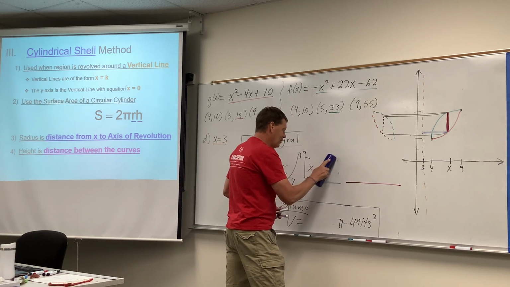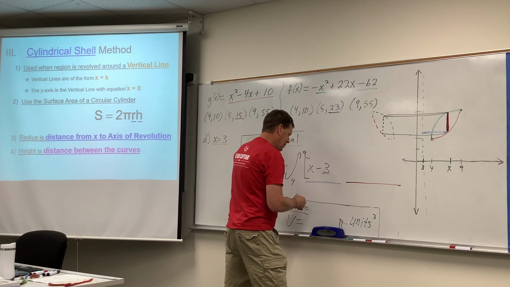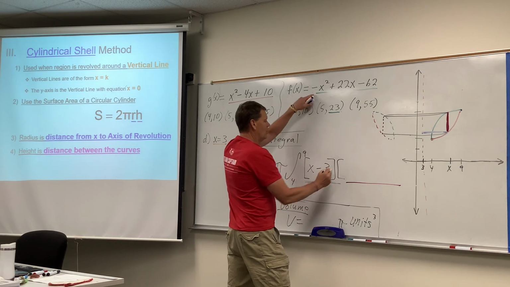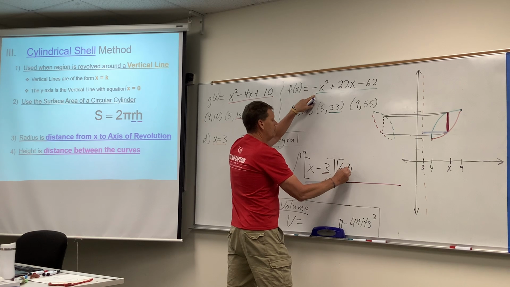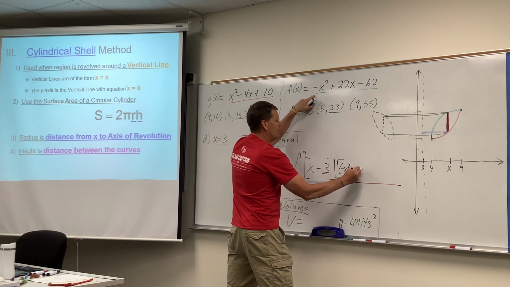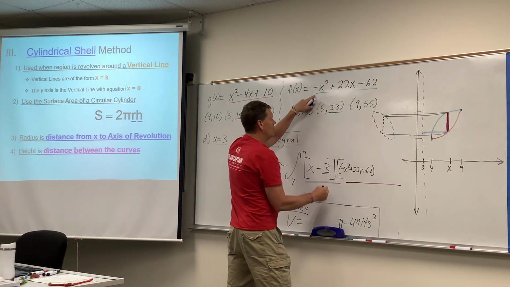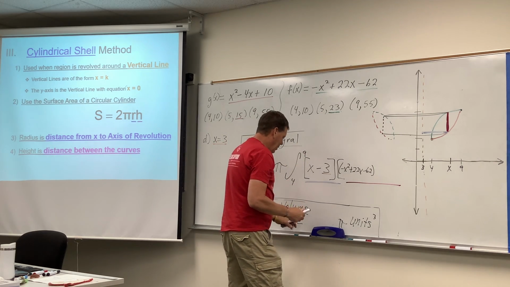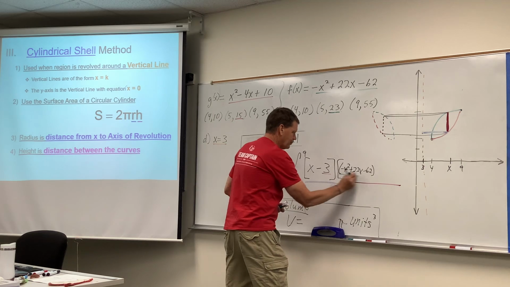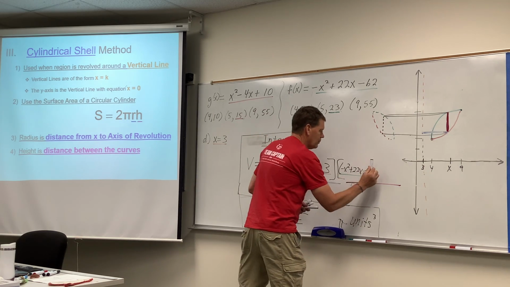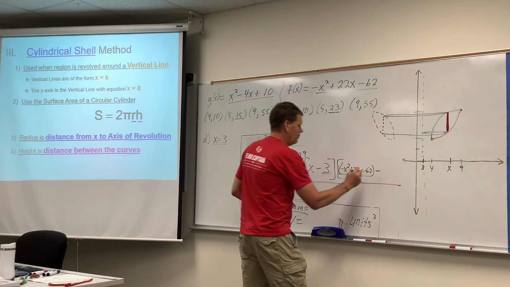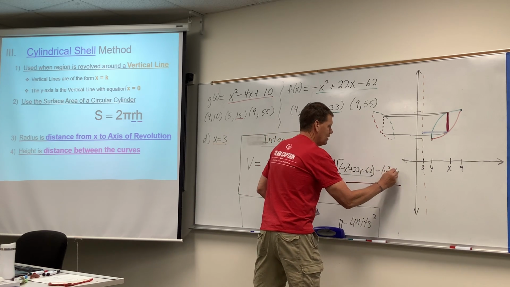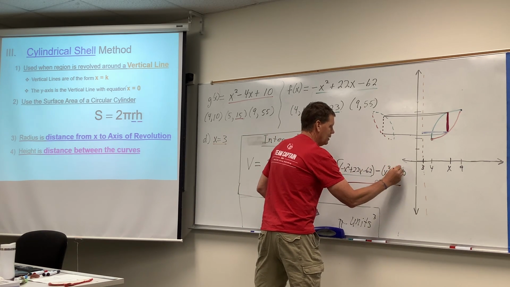Let me see if I can pull this back a little bit and make myself a little bit more room. Upper minus lower. Negative x squared plus 22x minus 62. We identified as being upper because 23 is above 15. Minus lower. That one over there. X squared minus 4x plus 10.